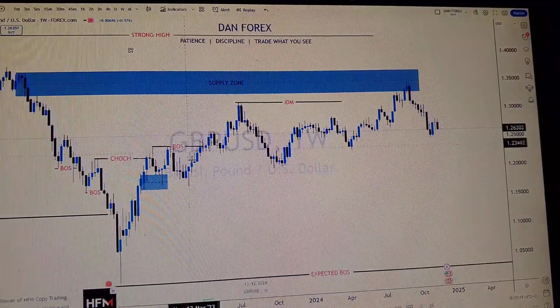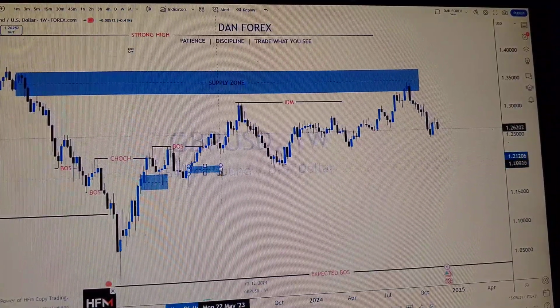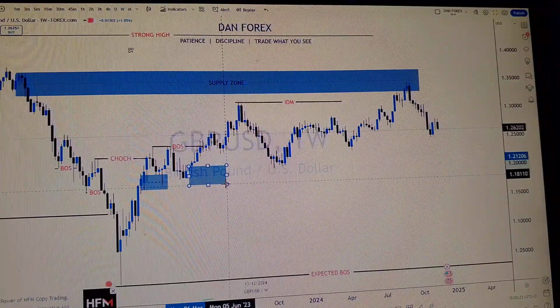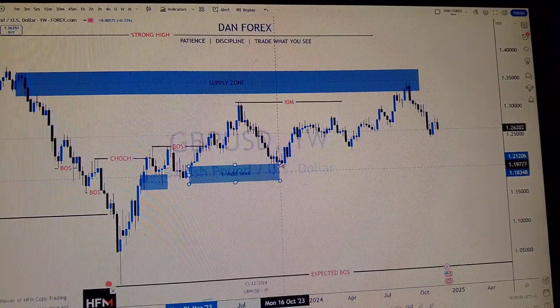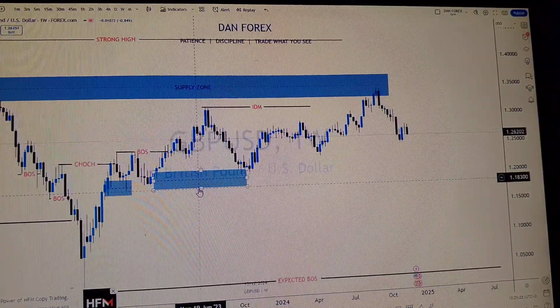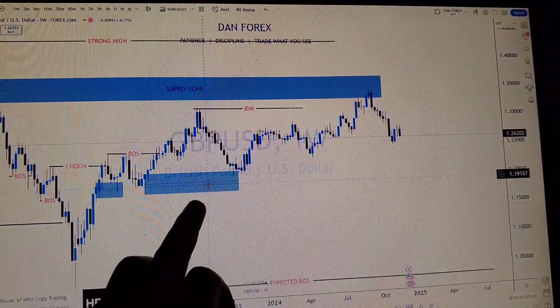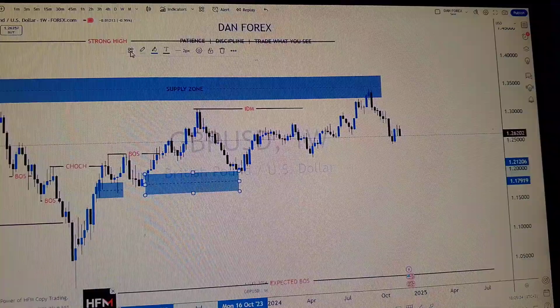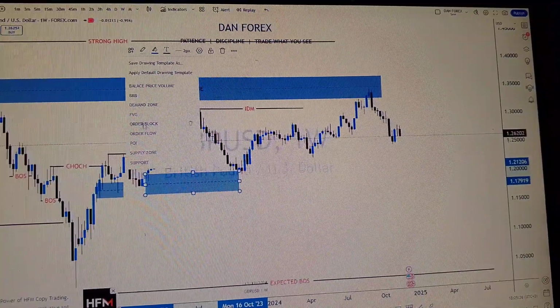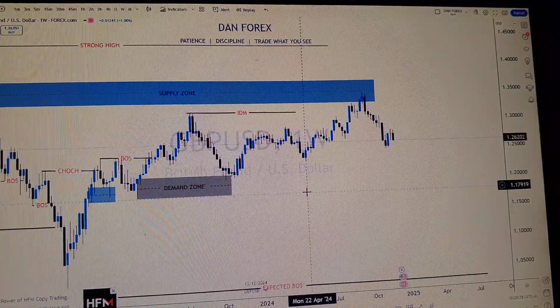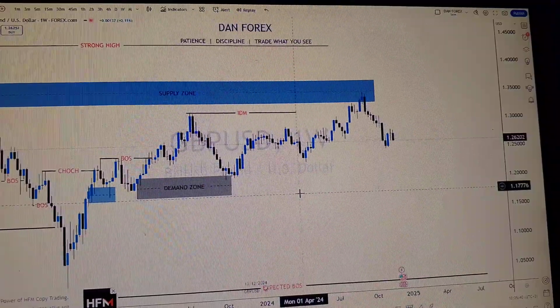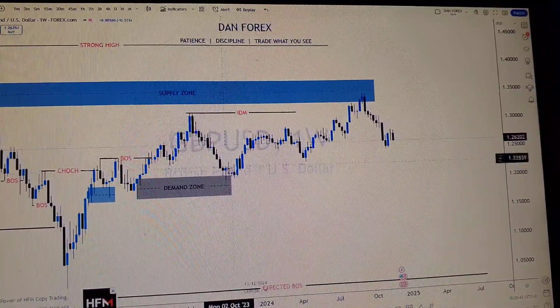So we're going to mark that candle as our demand zone, like this, right? So now that becomes our demand zone, like that. So we expect the market to pull back to react from this demand zone and push up.